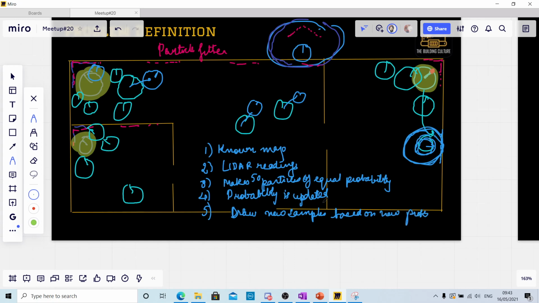Once we draw the new samples, we again compare the lidar readings with the original and update the probabilities. Then the robot moves, and we keep repeating it.